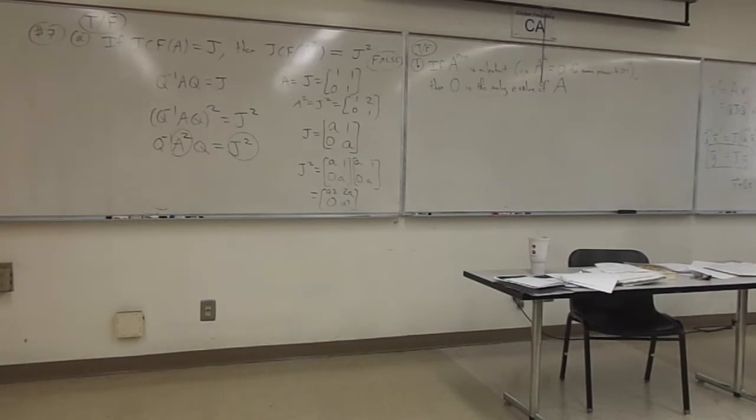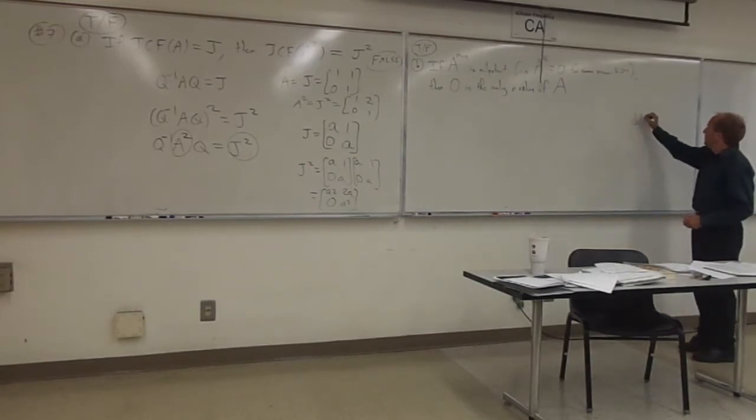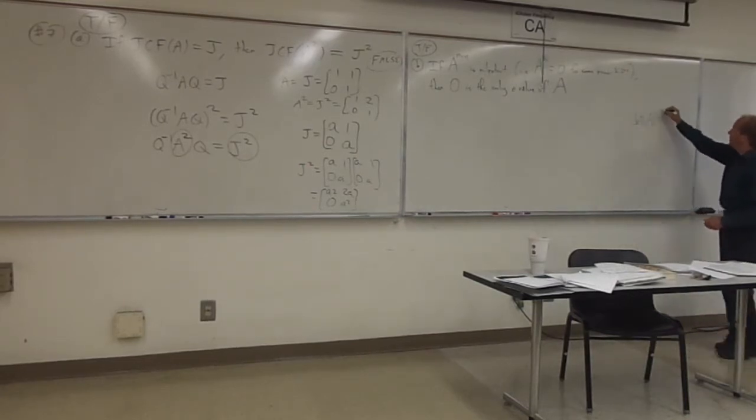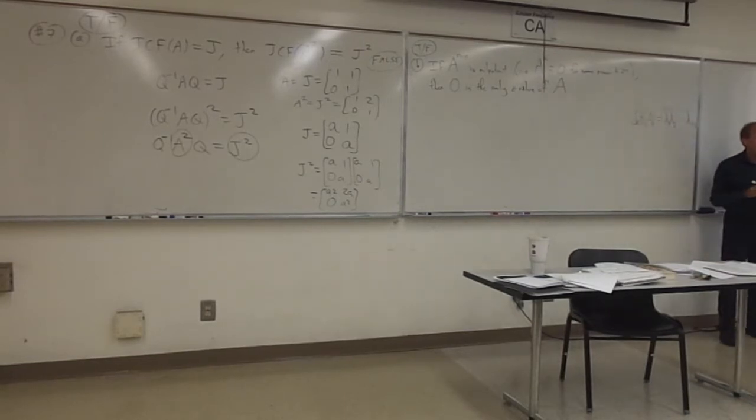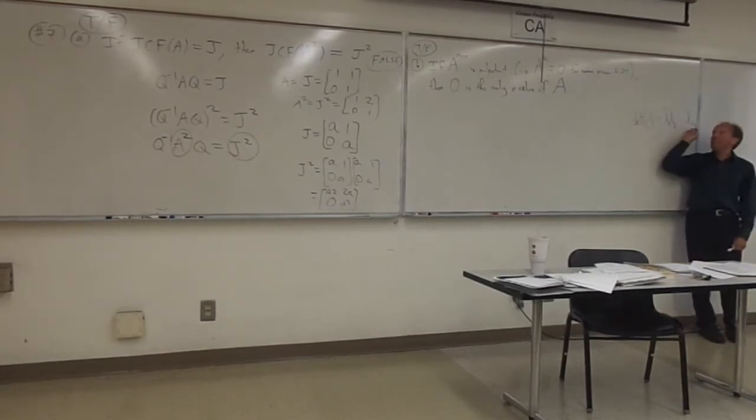If a matrix is not invertible, what do you know about its eigenvalues? Would you agree that at least one of my eigenvalues has to be 0 to make the determinant 0?